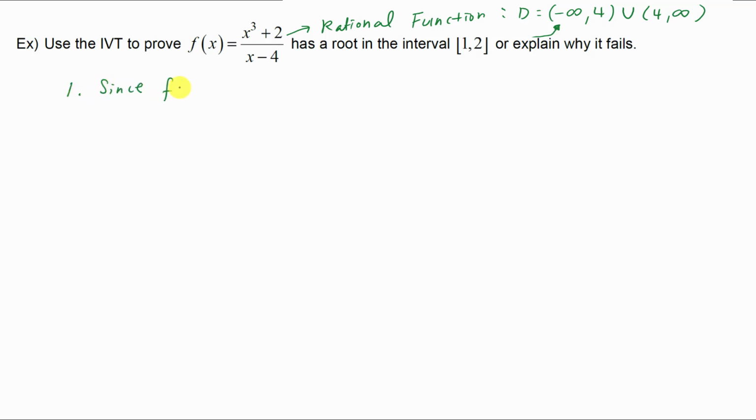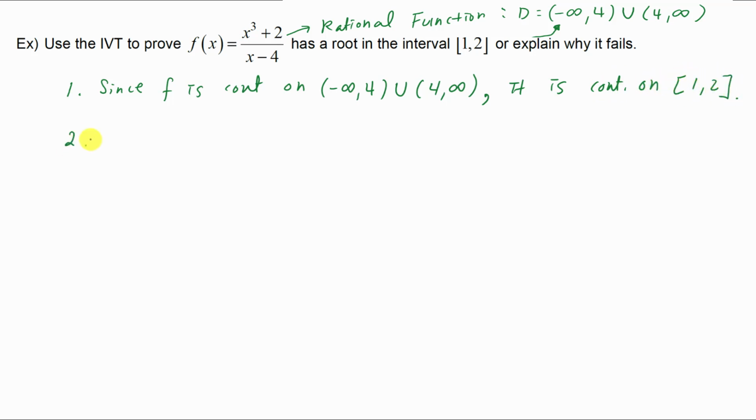Since f is continuous on negative infinity to 4 union 4 to infinity, it is continuous on the closed interval 1 to 2. What is the number 2 condition for IVT? Yes, the endpoint function values have to be different.